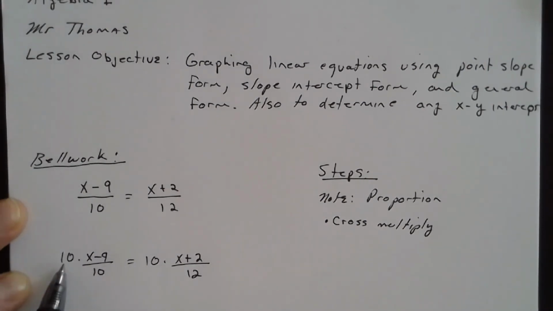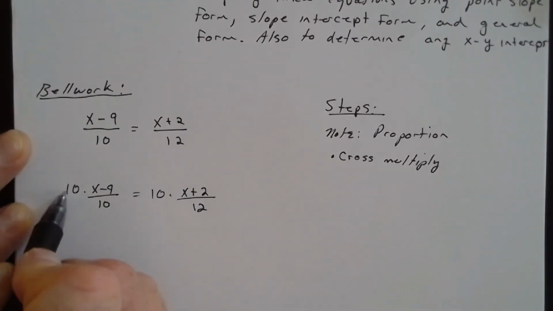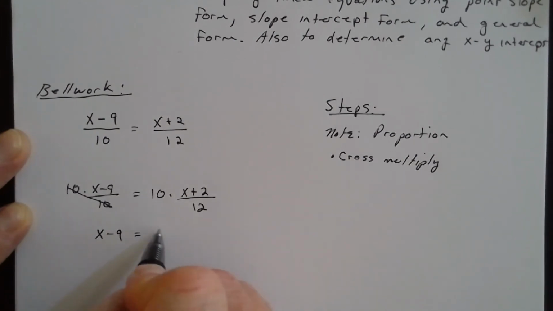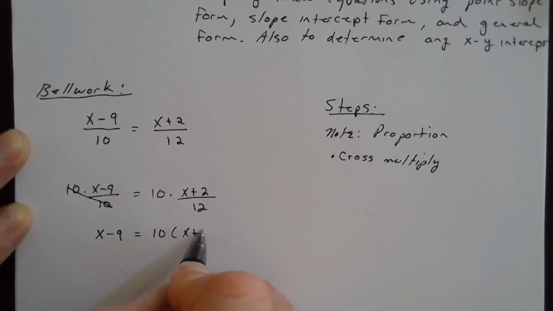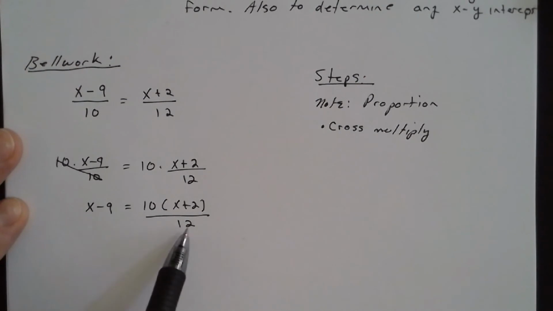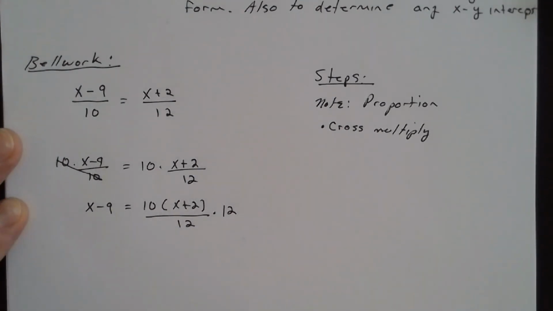Whatever we do to one side, we also have to do to the other side, right? Now we can get rid of the 12. So we're going to multiply this by 12. Okay.